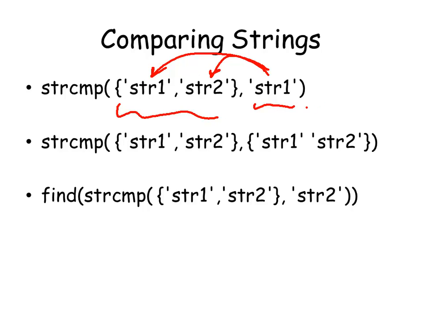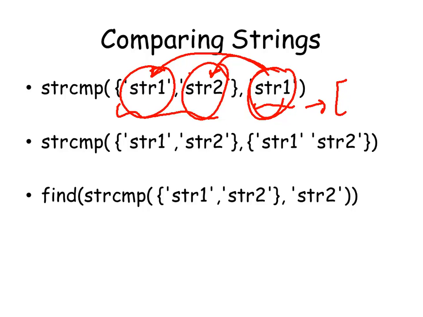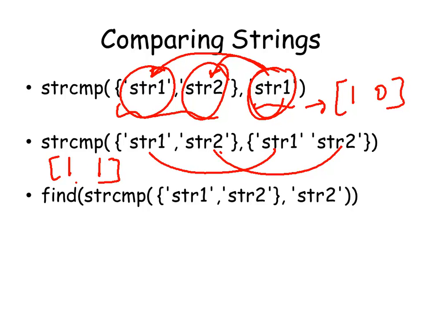And as a result, you will get a vector that contains the comparison of the second argument with the first string and the second argument with the second string. Okay, so you'll get 0, 1, 0. If you have cell arrays as both arguments, then you need to have the same number of them. And the first one will be compared with the first one, the second one will be compared with the second one. And this example will give you 1, 1, true, true. Okay?